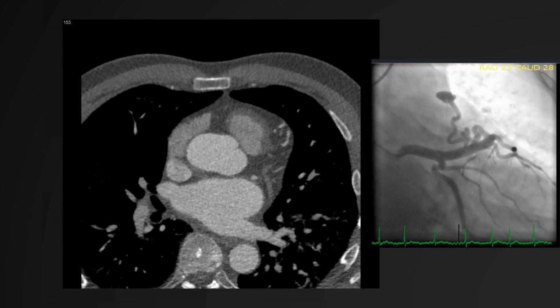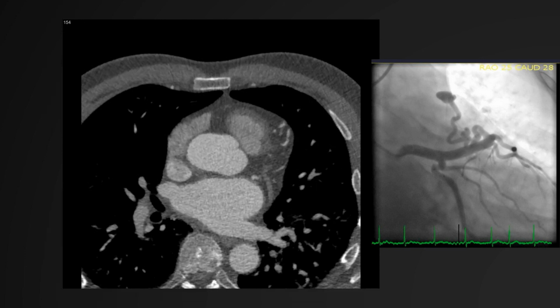So this one did drain into the PA, leading to the diagnosis of coronary to PA fistula. The patient did undergo a coronary angiogram to confirm the diagnosis, and here is a picture of that vessel that is coming out from the LAD and has a little outpouching at its tip where it drains into the pulmonary artery.